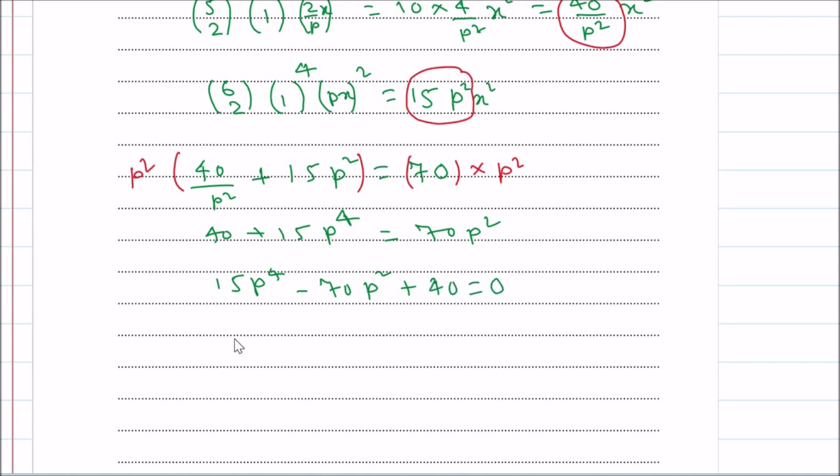Now we can make it a quadratic. How? We can take p square is equal to y. So we got 15 y square minus 70y plus 40 equal to 0.